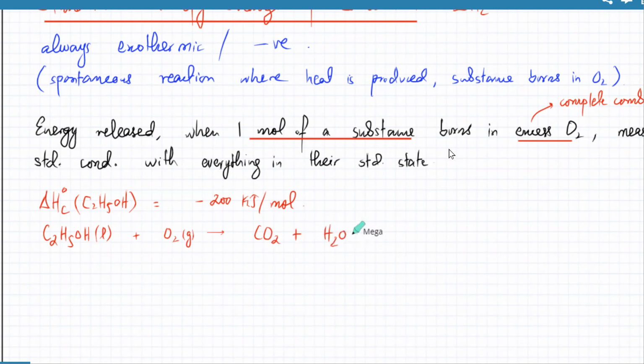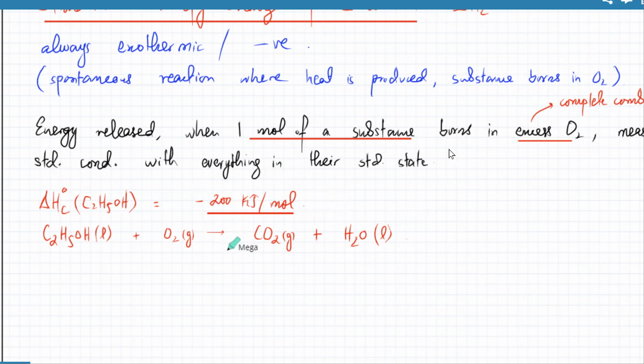So it produces carbon dioxide and water, and carbon dioxide should be in gaseous state, and water is going to be in liquid state. So that is your combustion reaction. So when somebody tells you that the enthalpy change of combustion of ethanol is this value, what they basically mean is this reaction.